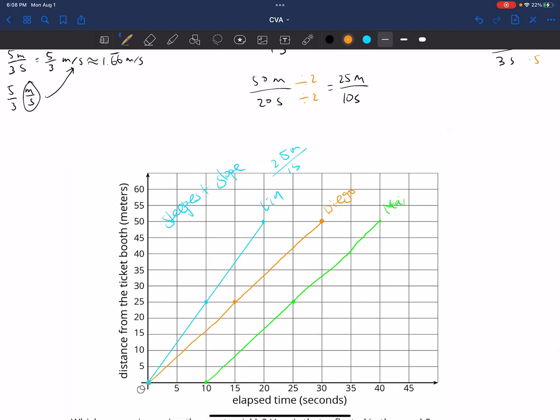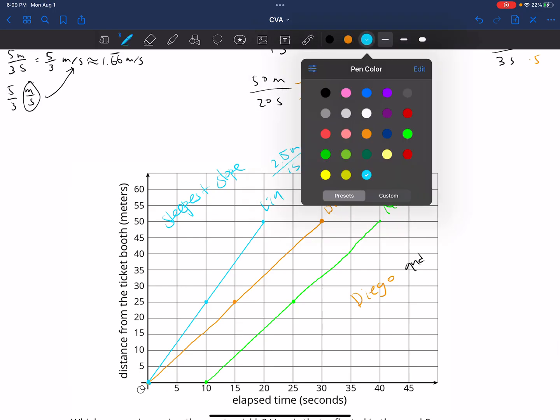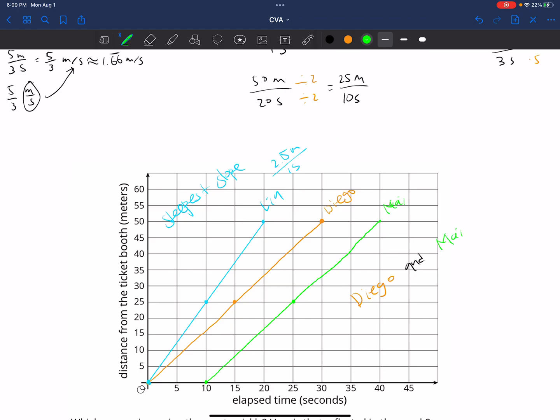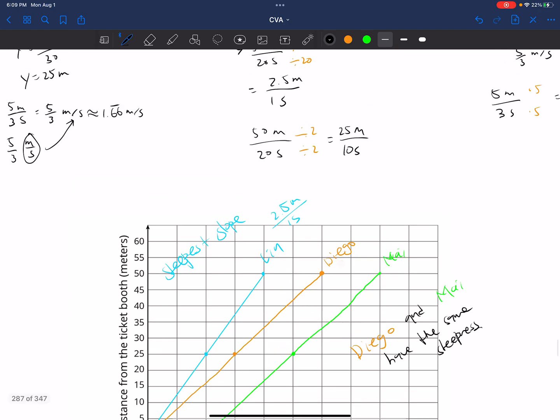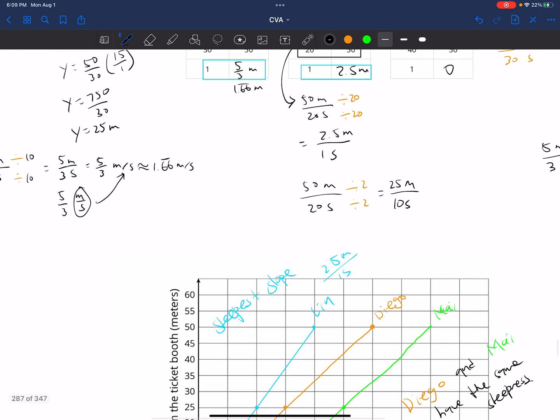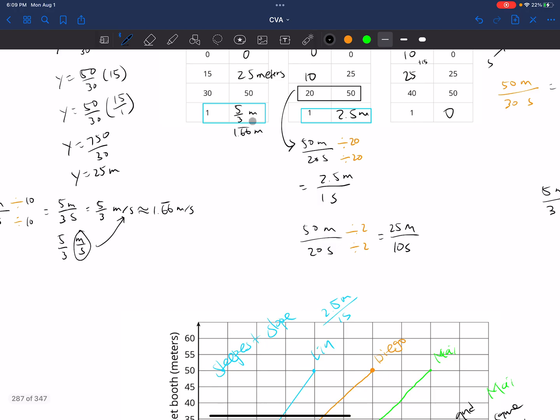So Diego and Mai have the same steepness, right? Which means that they're actually going the same speed. If you take a look, it's 5/3. We said that Diego travels 5/3 meters per second.